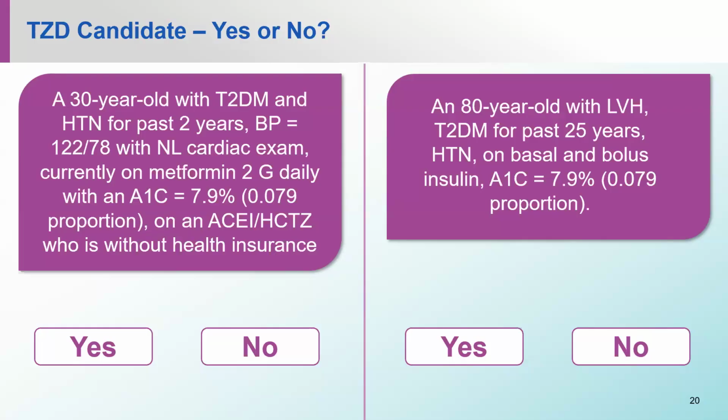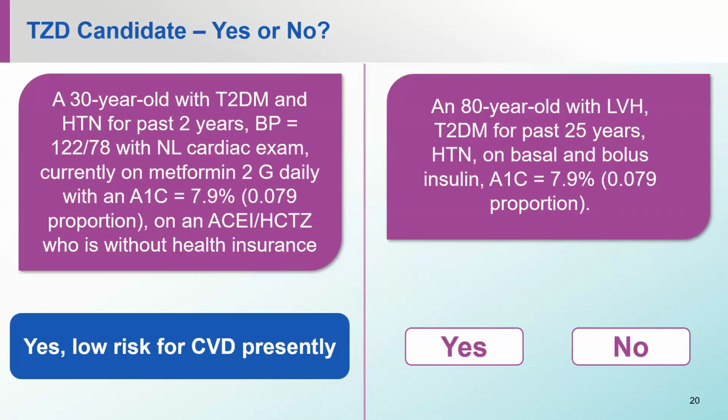The way a board question would pop up with this, one of the choices would be, oh, his A1C's fine, we don't need to do anything else. Okay. He's on ACE inhibitor and hydrochlorothiazide, no health insurance. So obviously we know his A1C needs to be less than 7. And so is he a good TZD candidate to keep it on the cheap? And the answer is yes.